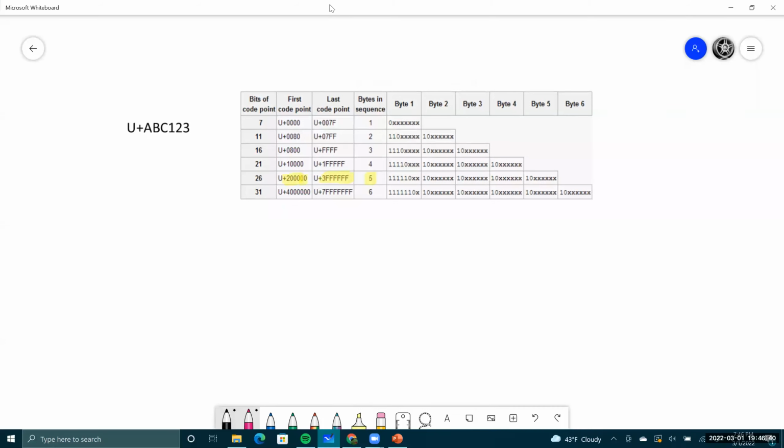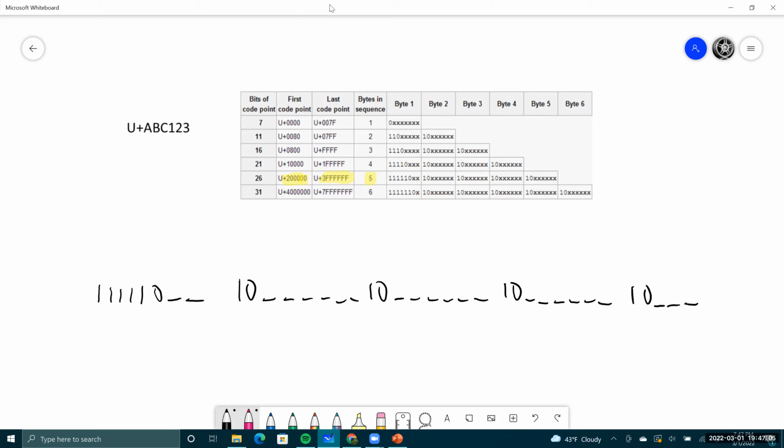So the bit pattern for the 5 bytes is 1, 2, 3, 4, 5, and then 1, 0, 1, 0, 1, 0, 1, 0. Okay, so these are going to be my 5 bytes.